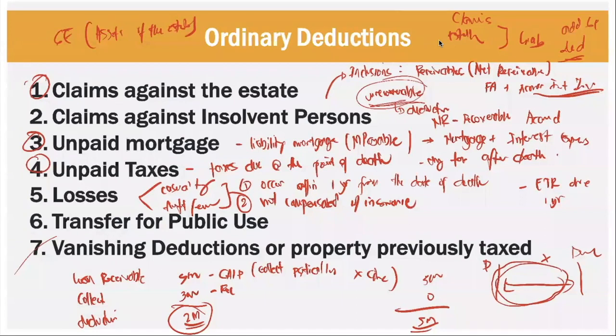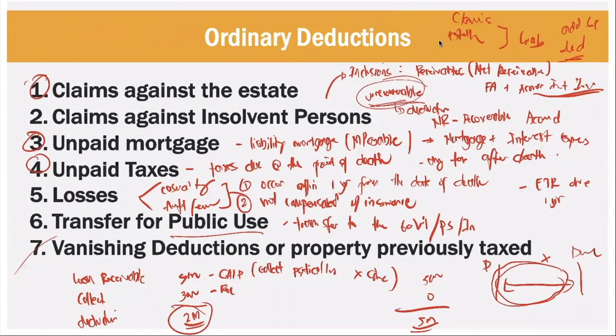Next, transfer for public use. When we talk about transfer for public use, this is a transfer to the government or a political subdivision of that government or an instrumentality of that government. Normally, on your gross estate, it depends on your decedent to whom he transfers the property in case there is a will.